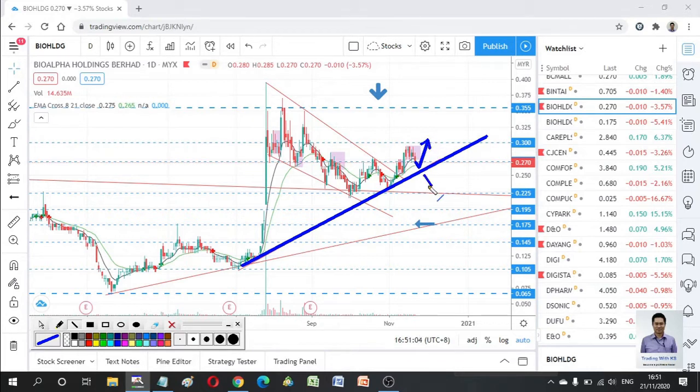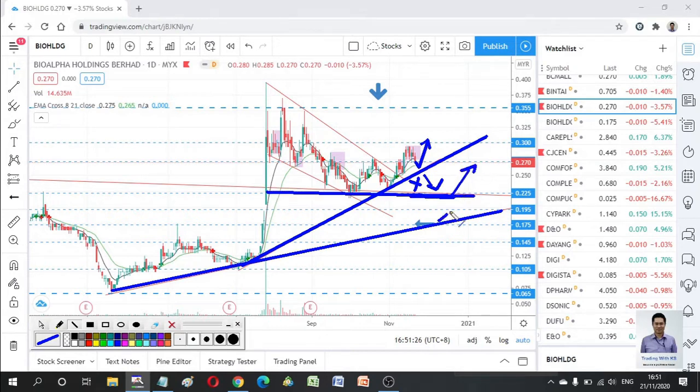If it comes down here, it means the buying interest has been lost. If it comes down here, you have to wait for this trend line to look for a bounce, or here, this trend line, to look for a possible bounce.